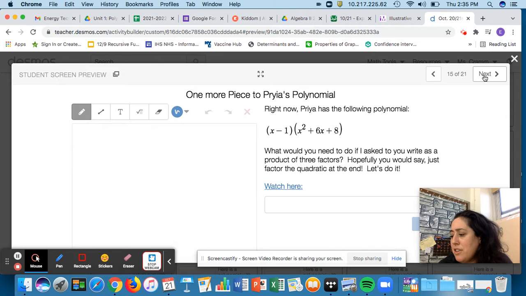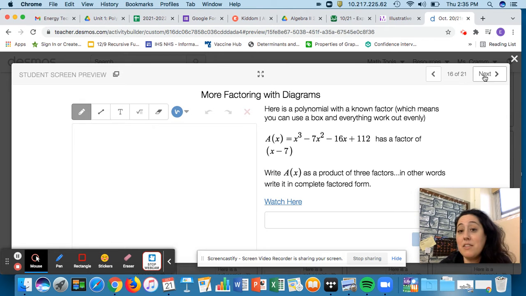So we're going to actually start on 16 because it's a very similar problem, right? So they tell you, hey, this is a cubic function, and they give you a factor. It's the same thing as in the slides that we just went through. Cubic function, and they give you one of the factors. All right.